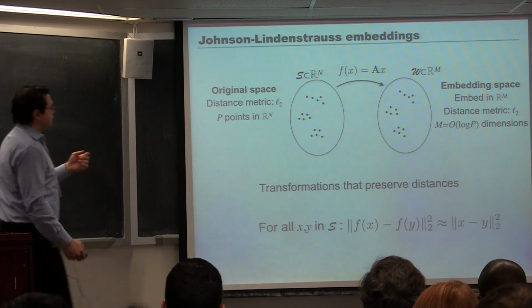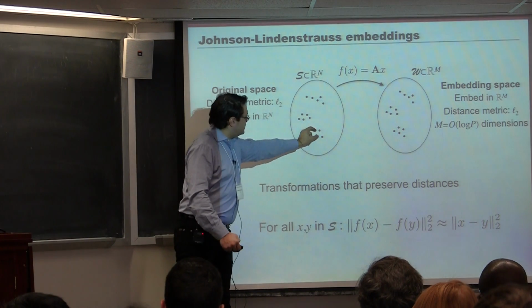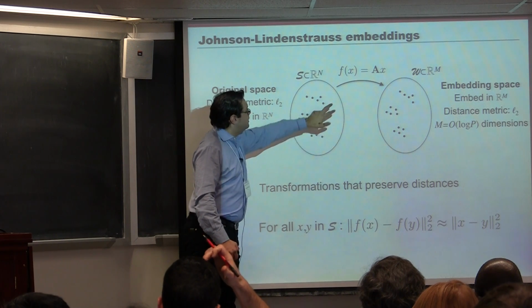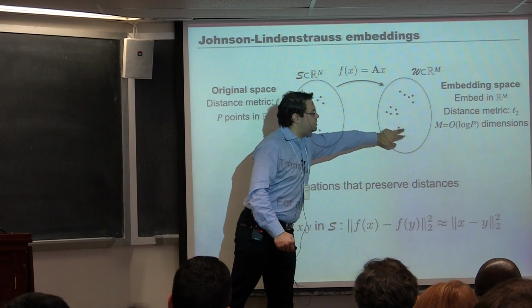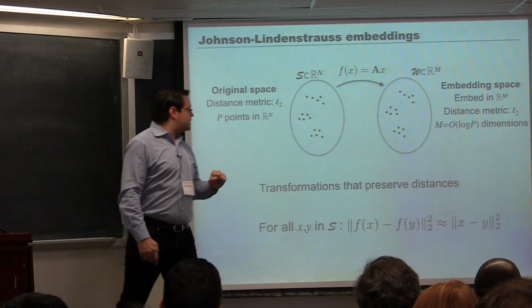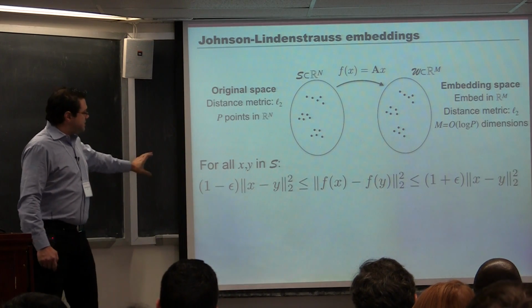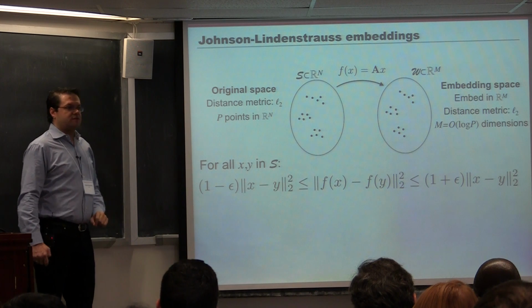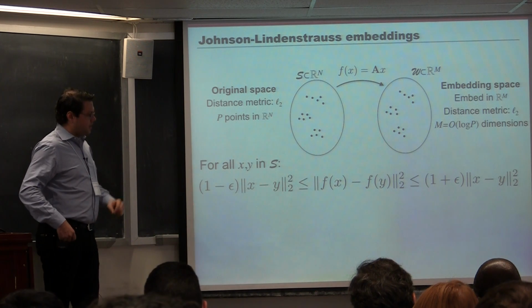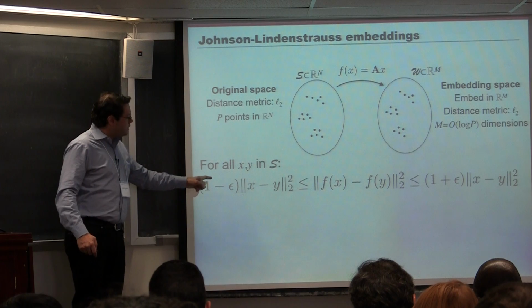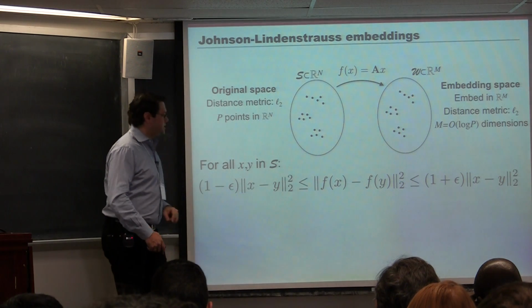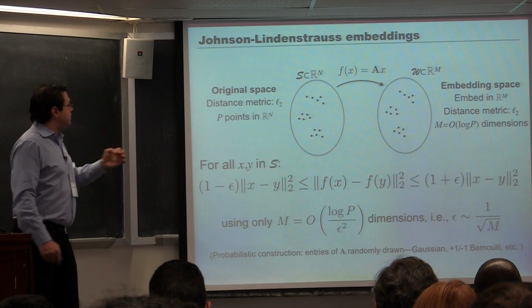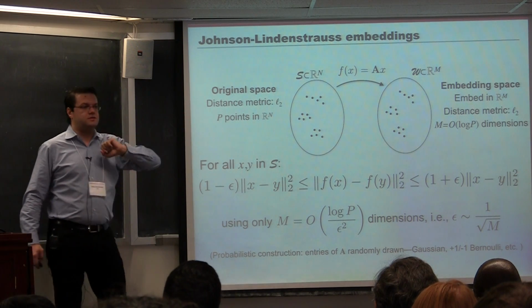So there, what Johnson-Lindenstrauss showed is that you can create a linear transformation that preserves the L2 distances between pairs of signals. And this is the exact statement of the Johnson-Lindenstrauss embedding property. They showed that you can preserve the distance within epsilon of the original distance using order log p dimensions, where p is the number of points in your original space.